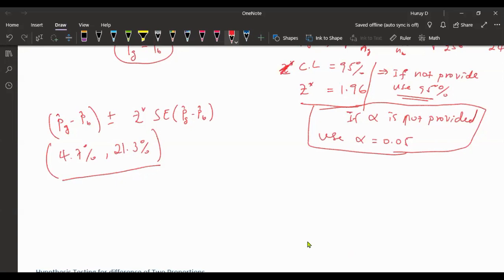So what I'm saying is P sub G minus P sub B, their difference, is between these two numbers. Let me write this conclusion.